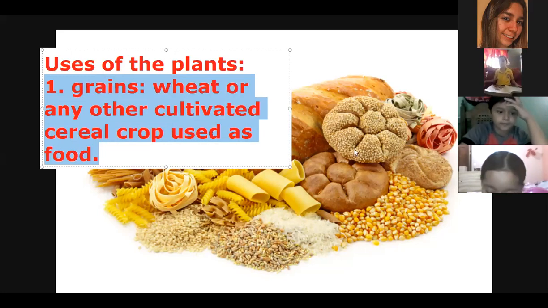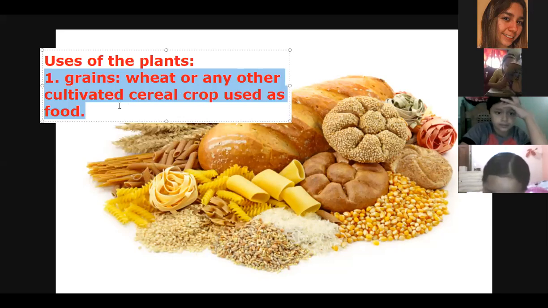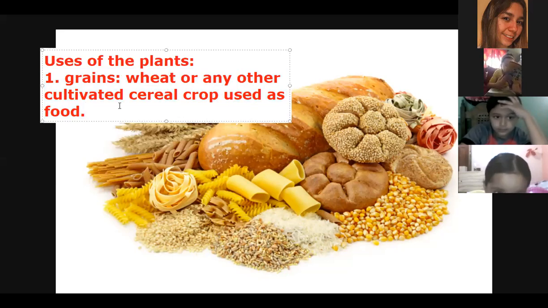So short. Grains is wheat or any other cultivated cereal crop used as food. Yes, you need to copy, baby.